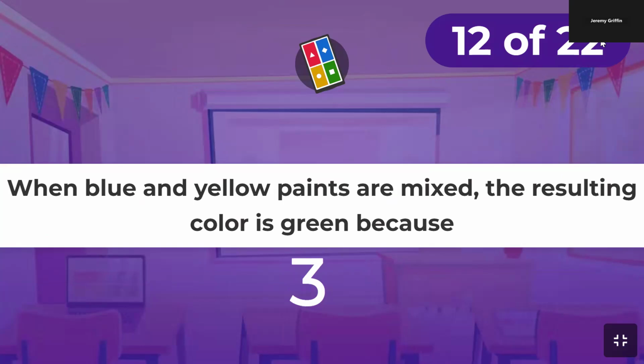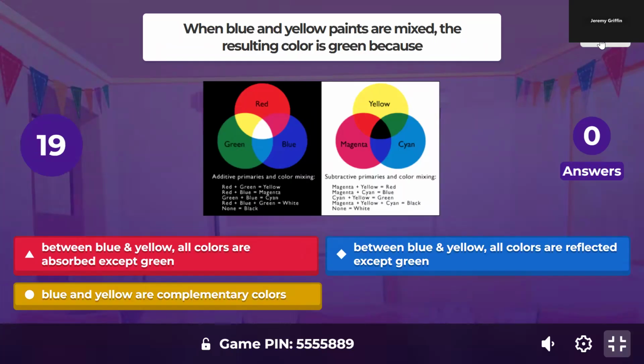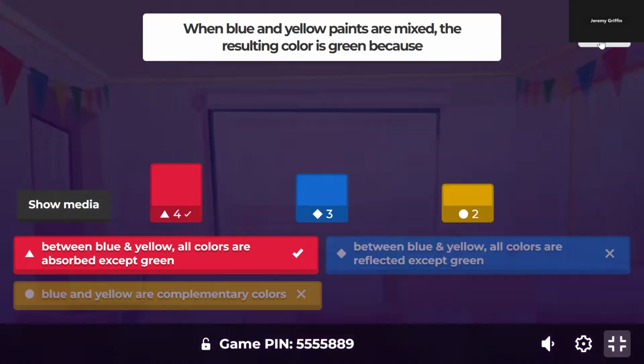When blue and yellow paints are mixed, since we're talking about paints, pigments, color subtraction, all colors are absorbed except for green.